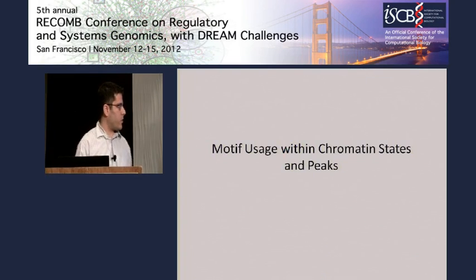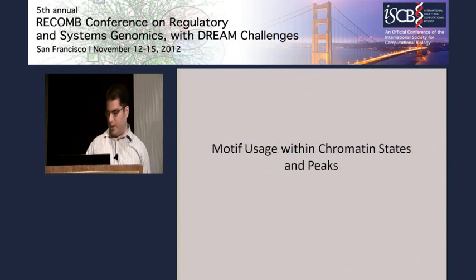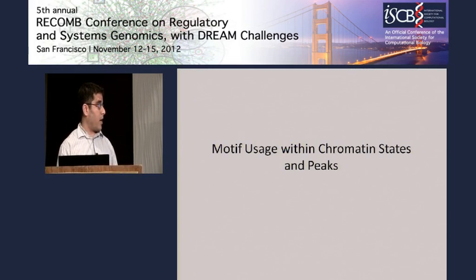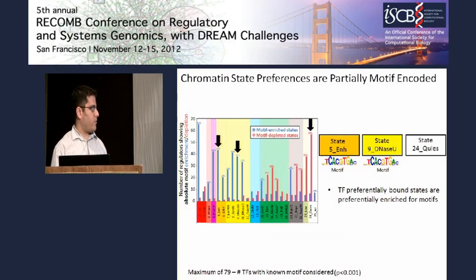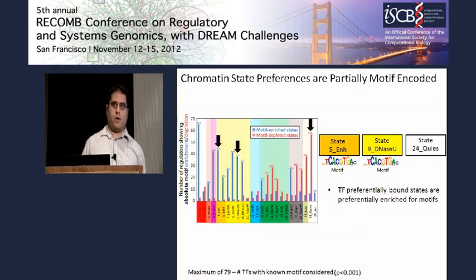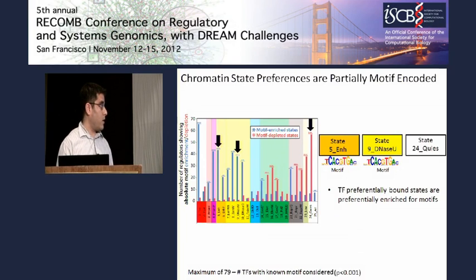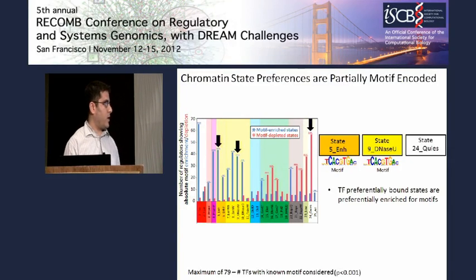And we also were interested in the question about how the motif usage varied among the chromatin states which we were looking at for the transcription factor binding, as well as within peaks. So we asked the question, for each of the regulators we were looking at and a known motif for it, whether we saw enrichment for the motif for the regulator in each of the chromatin states, or if we saw significant depletion.